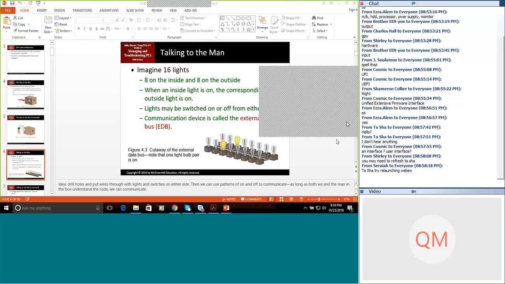Y'all see that on my screen? I am sharing my whole screen, right? We can see the box, but we can't see what you're typing. Okay. What was I going to say?